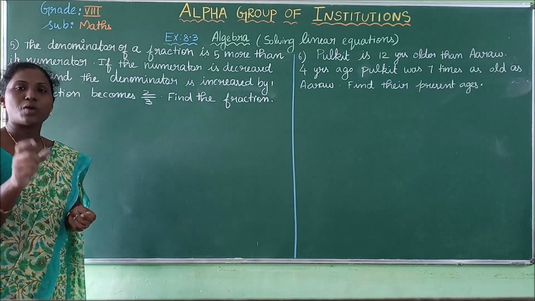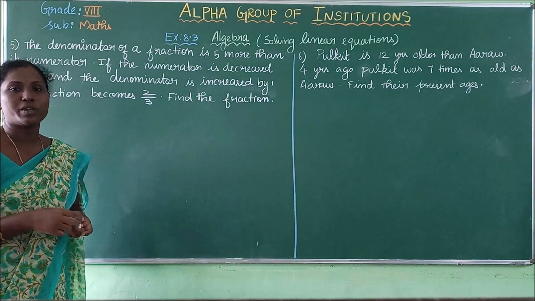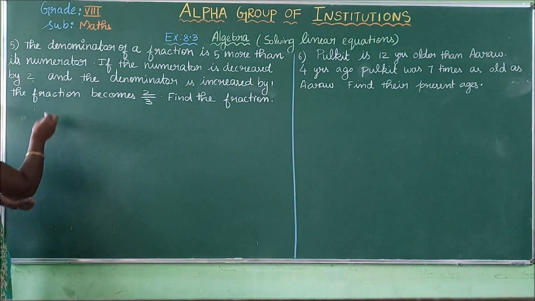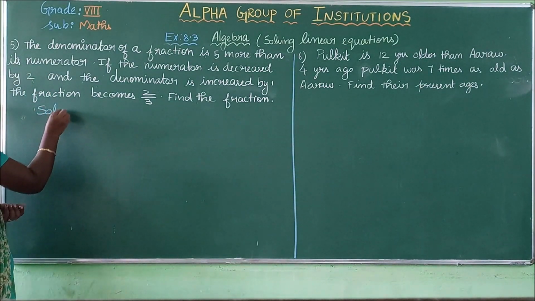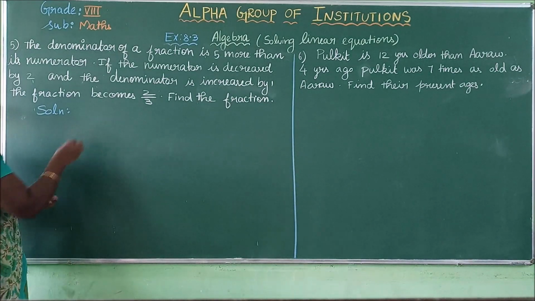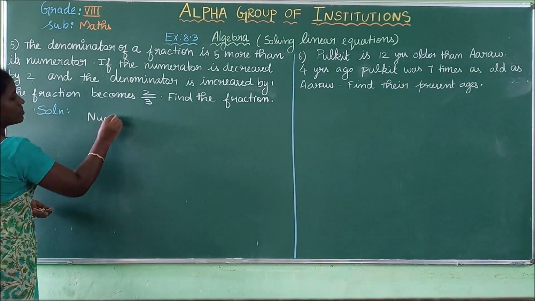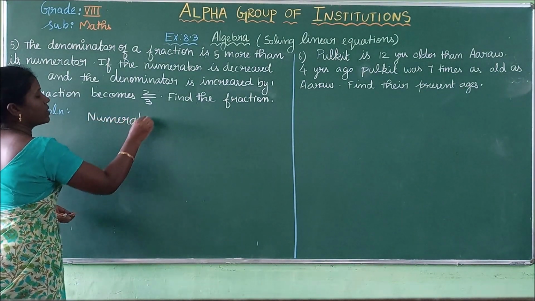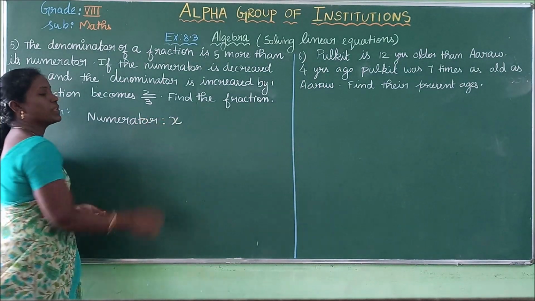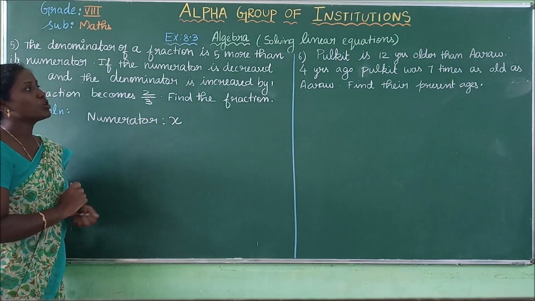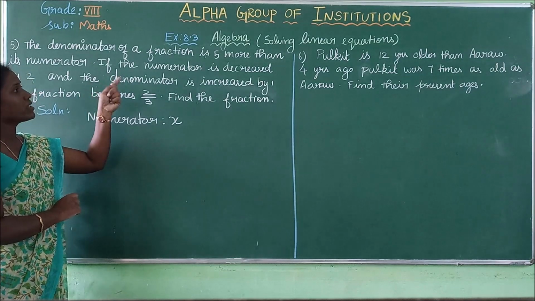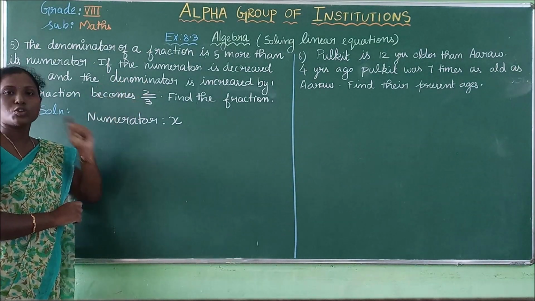So first we have to take the variable for the numerator. We are going to take the numerator as the variable x. Then what about the denominator? The denominator is 5 more than its numerator.